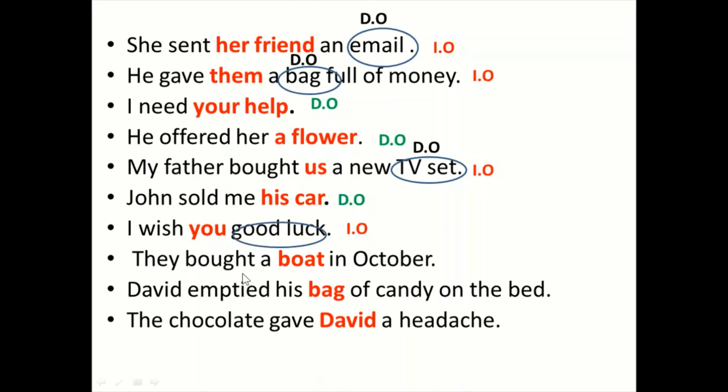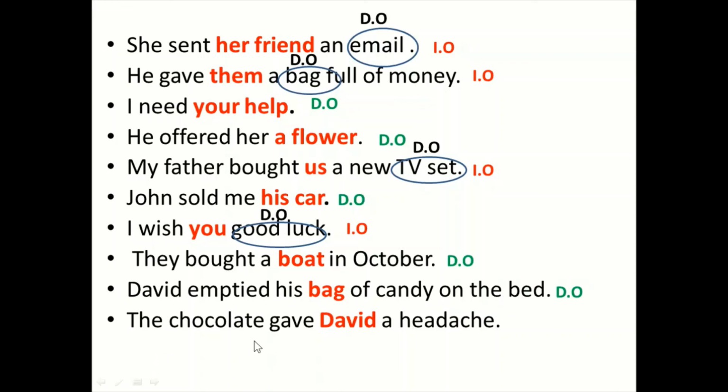They bought a boat in October. Bought what? A boat. Direct object. David emptied his bag of candy on the bed. Emptied what? Bag. Direct object.